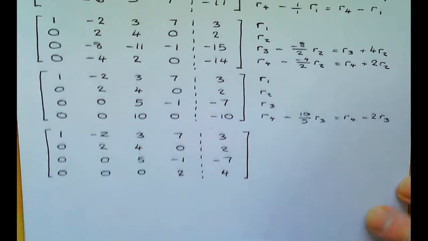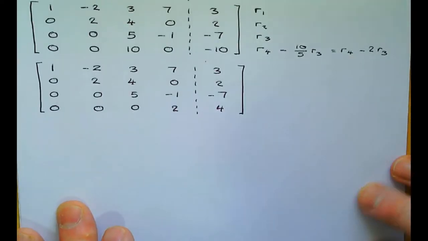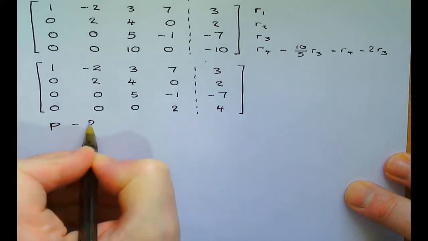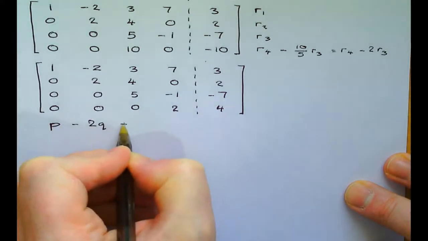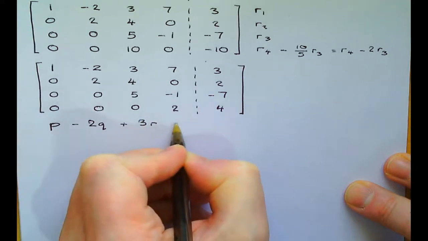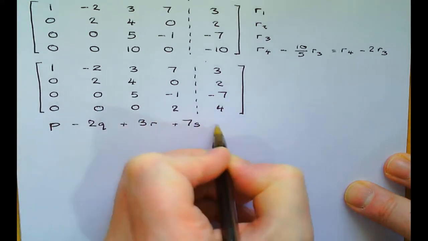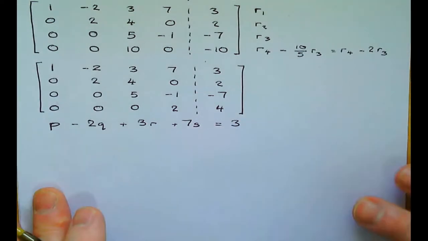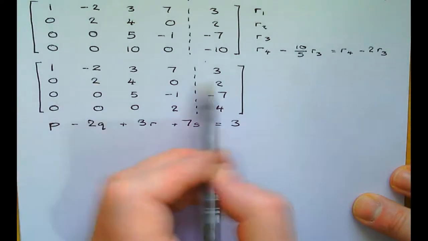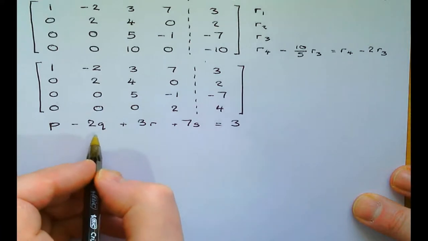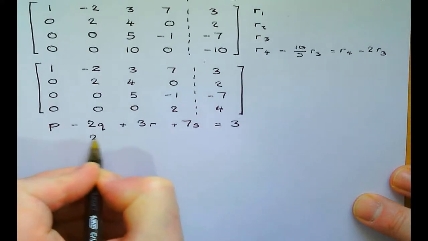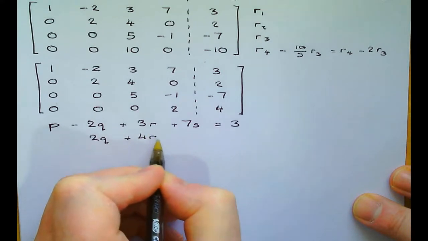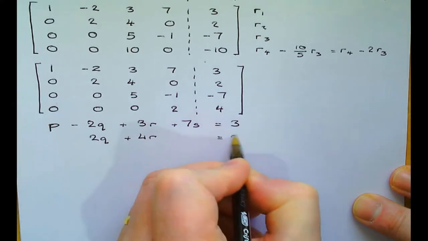So the equations now, if we read off what the equations are, P minus 2Q plus 3R plus 7S is equal to 3. That was one of our original equations. The second equation tells us that 2Q plus 4R is equal to 2.